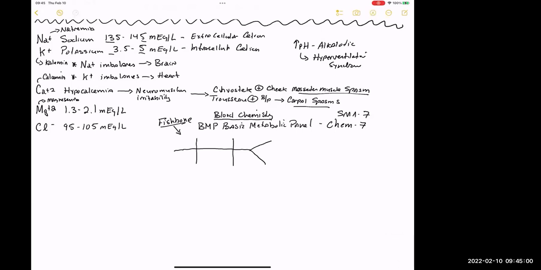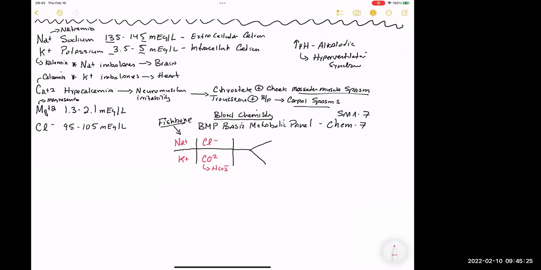The 7 things that we look at in the BMP include the following, and this is where they go. The sodium value would be placed here. The potassium value would be placed here. The chloride value would be placed here. The venous carbon dioxide, which is actually nothing more than the bicarbonate, HCO3.